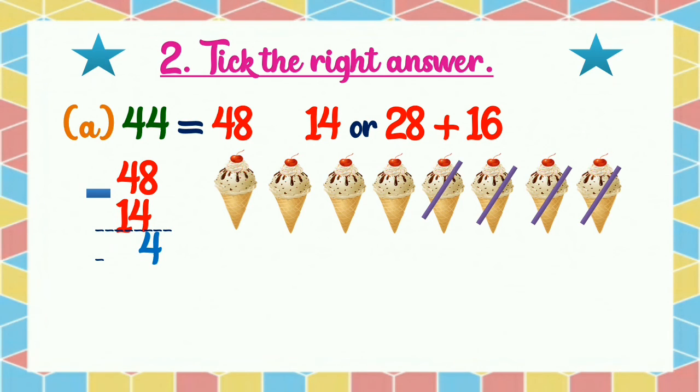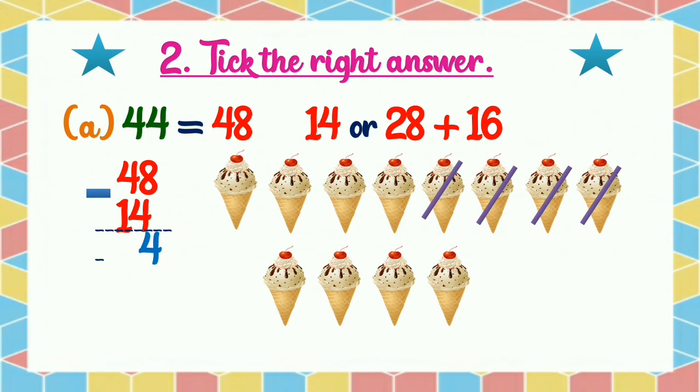Okay, now next we separate 1 from 4, the left side digit. So we take 4 ice cream cones: 1, 2, 3 and 4. Now we cut 1 ice cream cone.